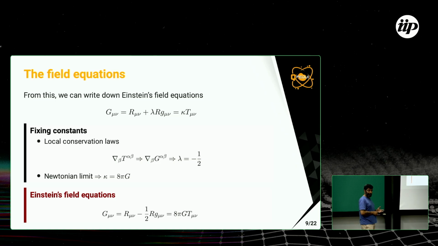This is the cosmological constant. With this, if you fine-tune the cosmological constant, then you are able to find a stable static universe, which is simply static everywhere. It doesn't expand, it doesn't contract, anything else.